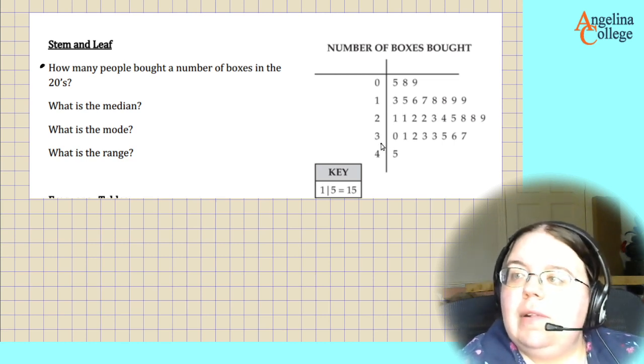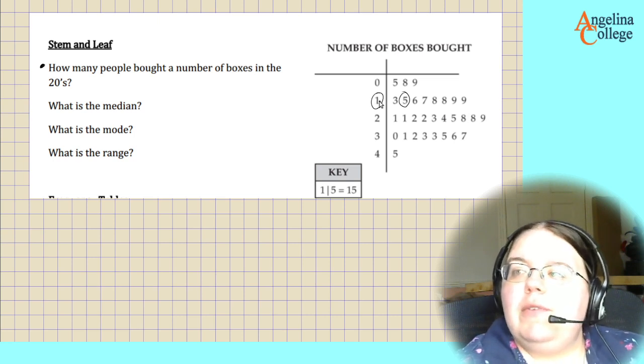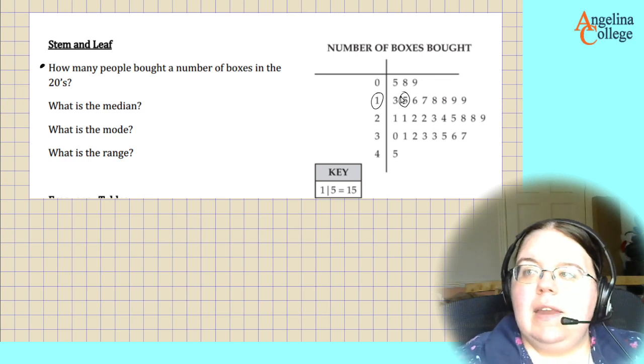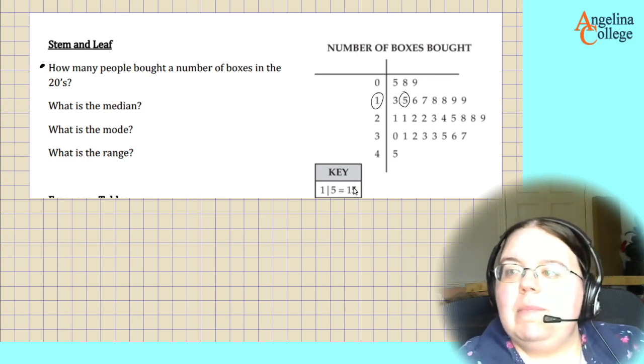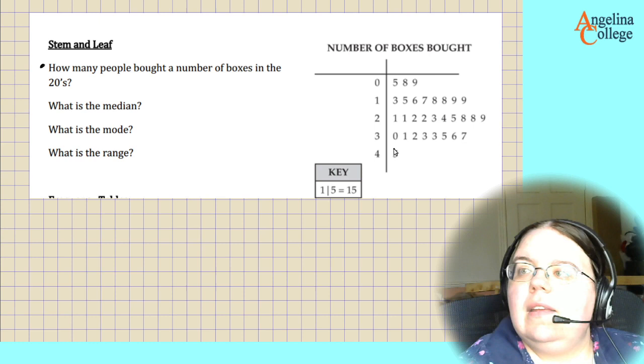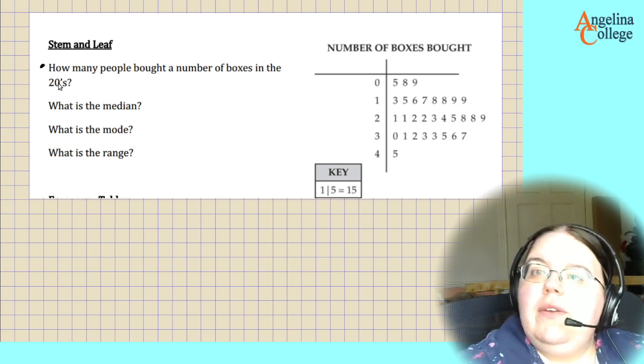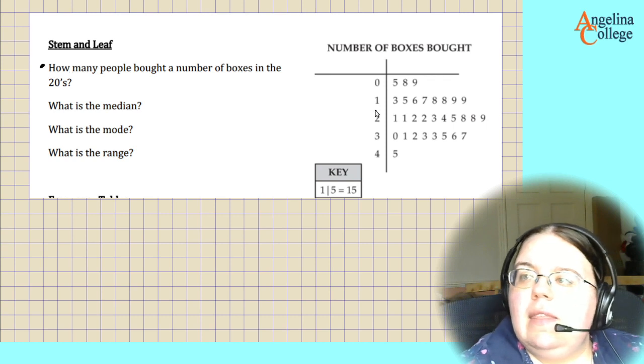So for example, for this right here, this 5 in the ones stem means that if we have a stem of 1 and a leaf of 5, that somebody in this sample bought 15 boxes. So if we're curious about the 20s, we need to look for numbers with a 2 in the tens place, and that would be these right here.